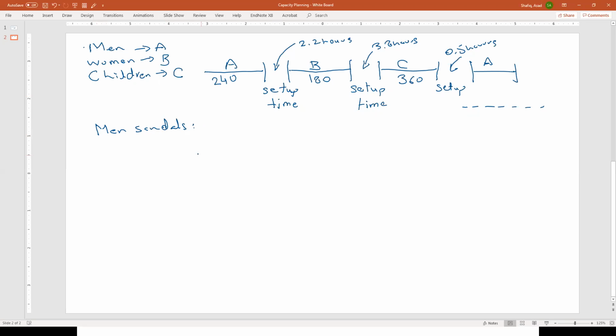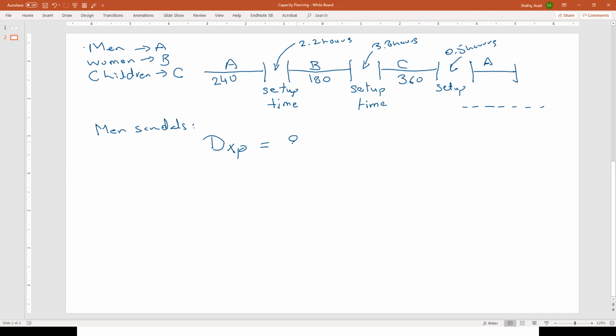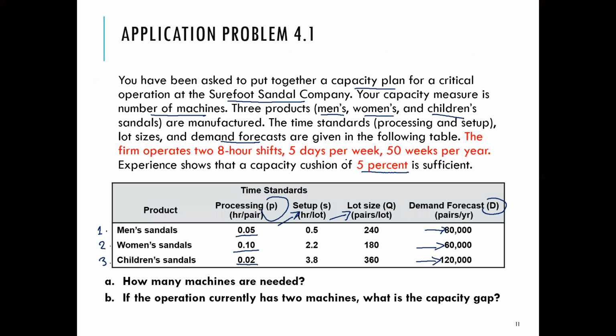Now, similar to what we did earlier, how much time we need to fulfill the demand for men's sandals is given as T times P, right? Which is, we need to make 80,000 pairs of men's sandals, right? So that is the demand. We need to make 80,000 pairs of men's sandals.